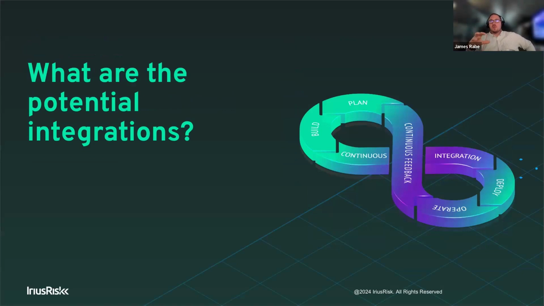So as we think about many of the plan and the build and some of the other integrations we have available to us, IriusRisk enables us to translate those business requirements into design requirements. And then as we're talking about what can go wrong and the potential risk mitigation activities around those design and build requirements, we can start to sync those into IriusRisk very early.